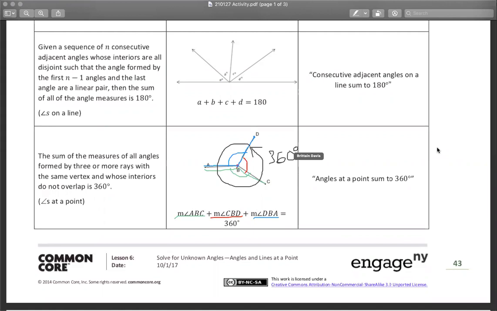Going in a full circle is 360 degrees. So when I add up all three of those angles, I'm going to get 360 degrees. And we call that angles at a point. And I even do an abbreviation for point, just PT. So this one is angles on a line, and this one's angles at a point.